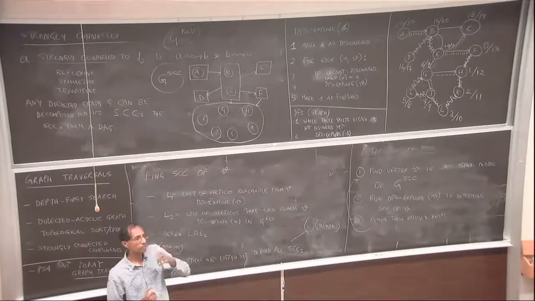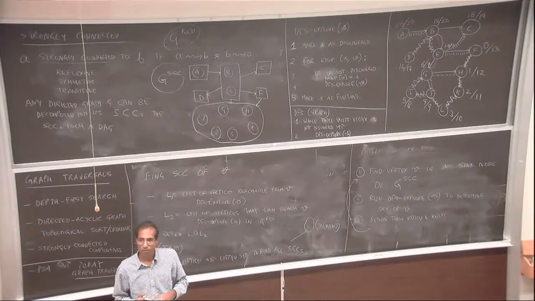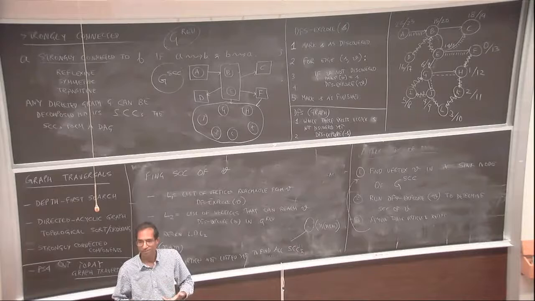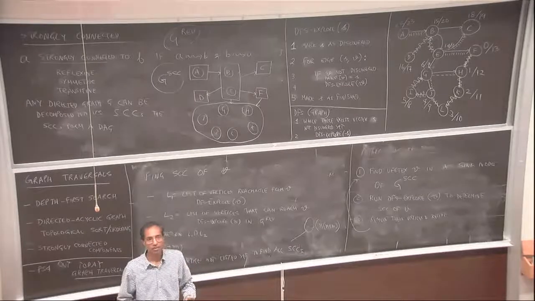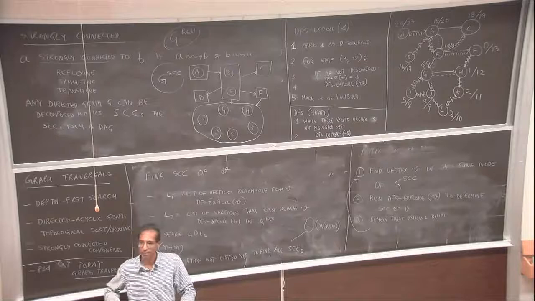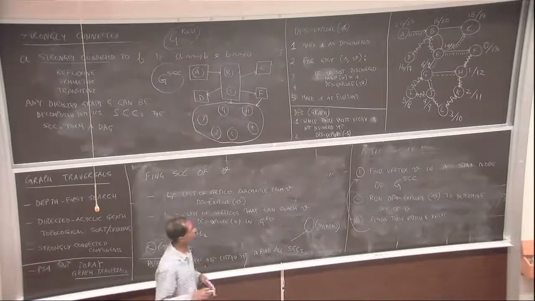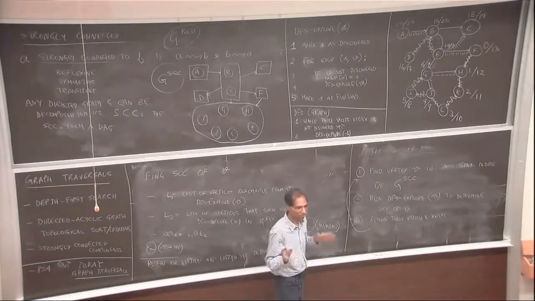How do I find something in the sink? Well, you do the reverse. You run DFS on the reverse first to discover a vertex that is in the sink. I'm going to just add a sentence here and then we'll finish this next class.